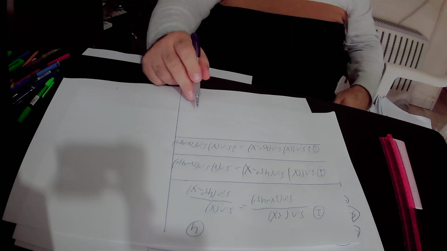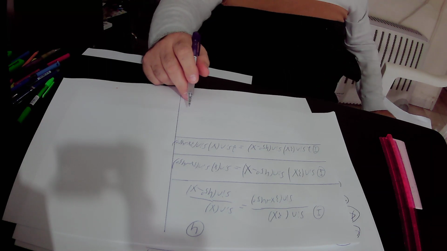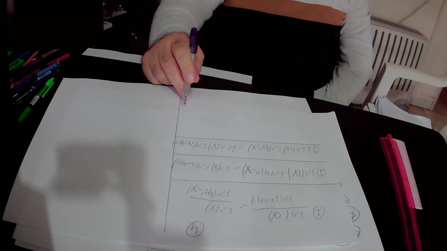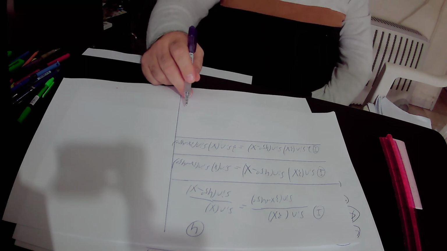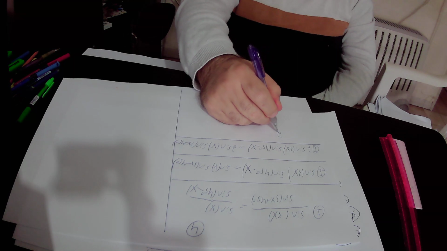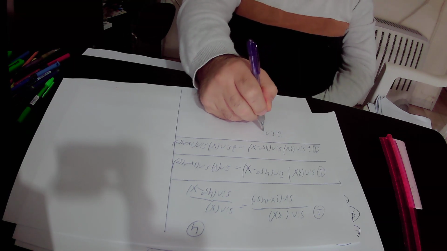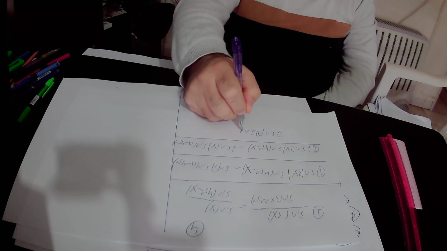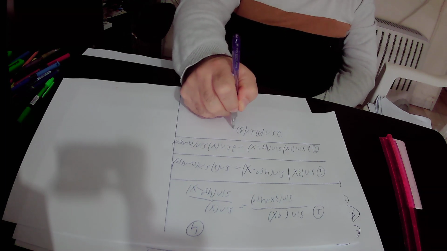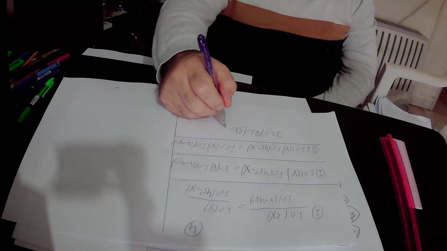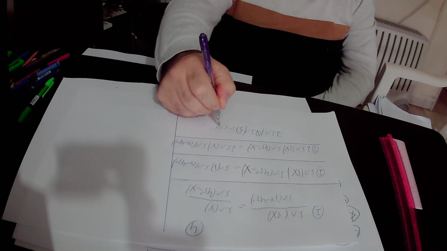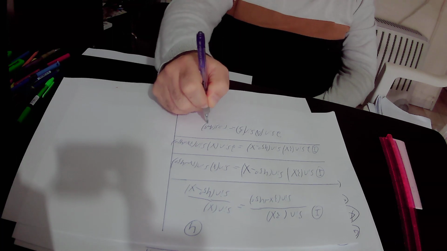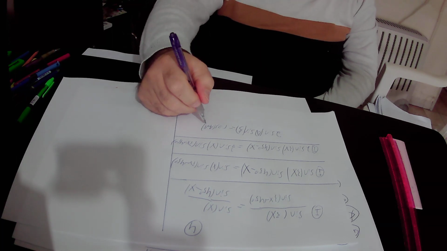So here we will use the trigonometric identity that states that 2 sine A sine B is equal to cosine of (A minus B) minus cosine of (A plus B).